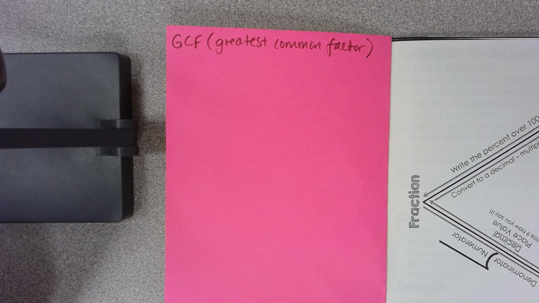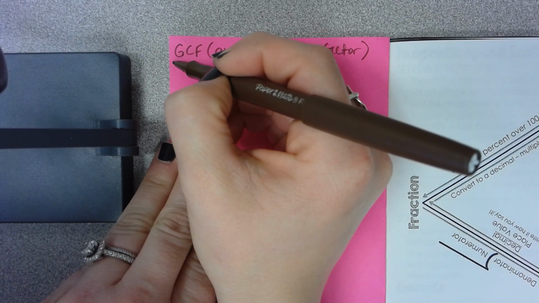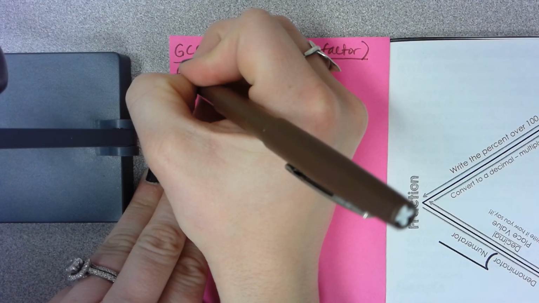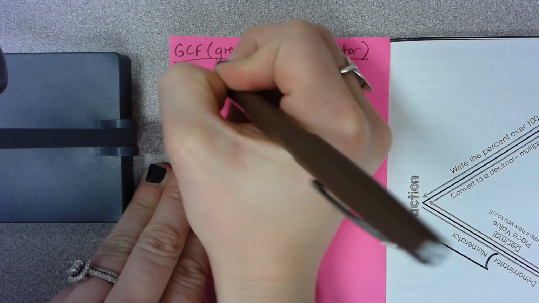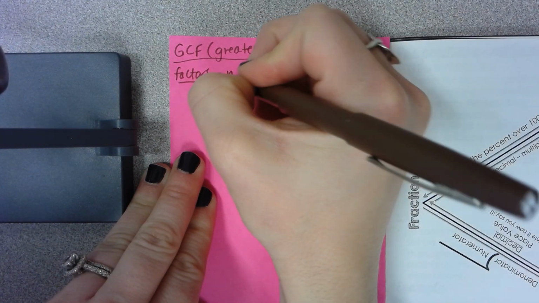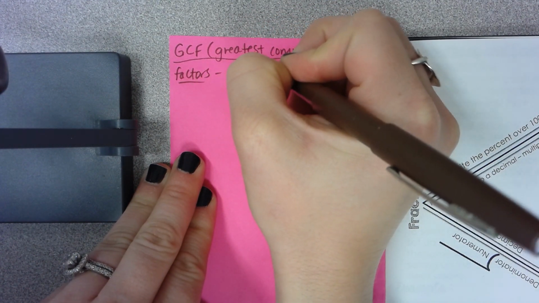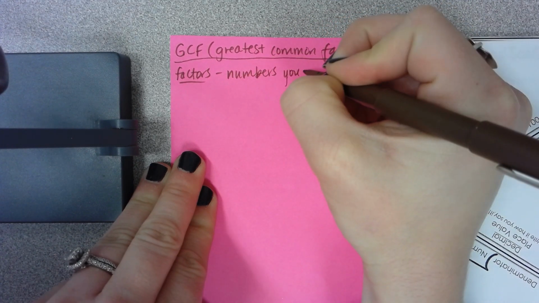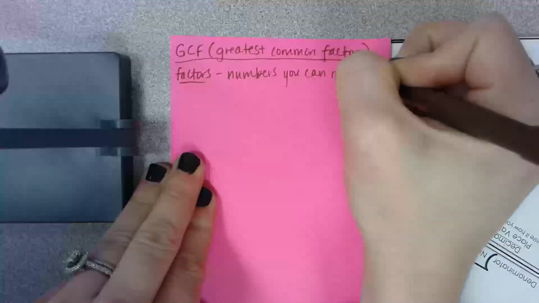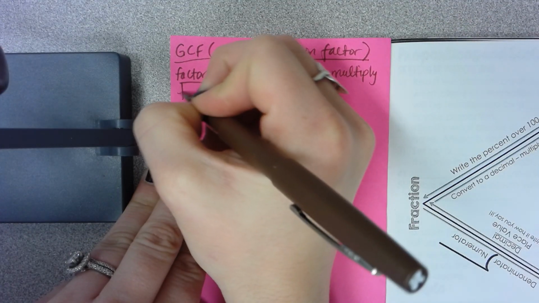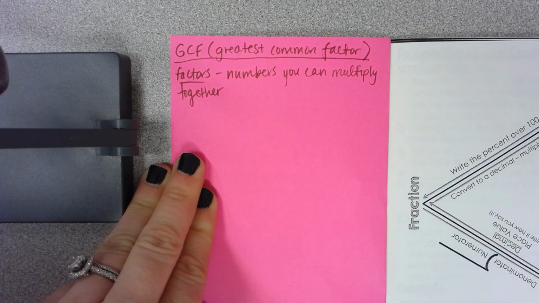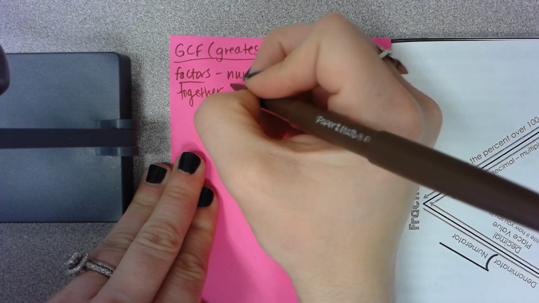So, greatest common factor. You have to understand what a factor is first. So, factors are numbers you can multiply together to get the number you are looking for.